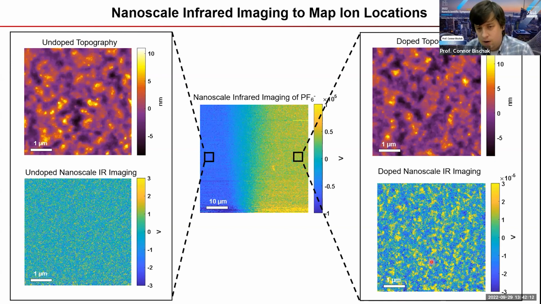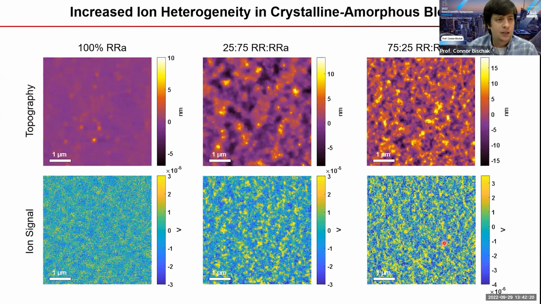And how these ions are arranged in the polymer is really going to affect charge transport in this system. And so if we now vary our crystallinity, you can see as we go from 100% amorphous, so 100% regio-random, we don't see too much heterogeneity in our ion signal. But as we start to add these crystalline regions to the polymer, we see these kind of bright spots light up.